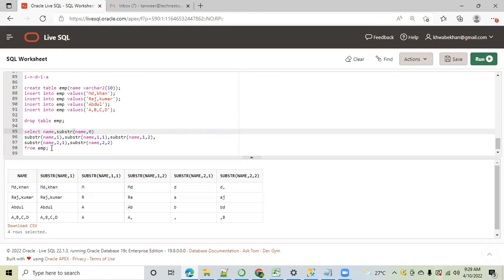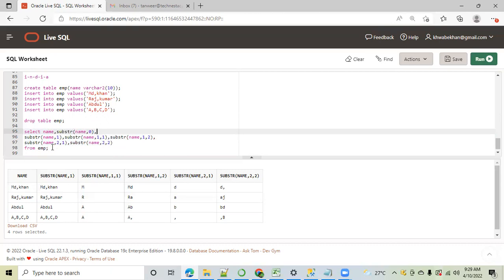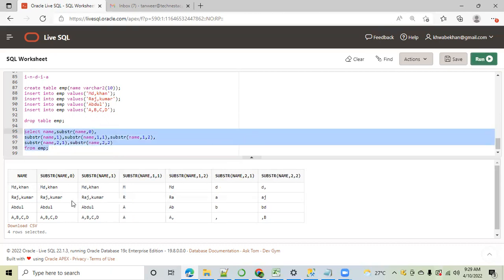I've given 0 here. What is the output for name, 0? Same as 1 because we didn't mention the length. Yeah. So 0 means 0 or 1 index, they both are the same here in SQL. So it means it will start from the 0th place and show you all the values.